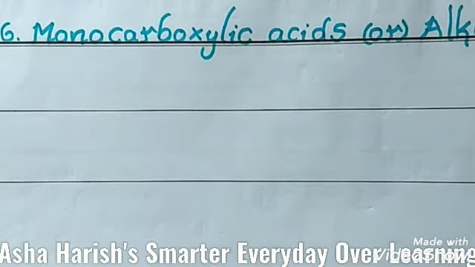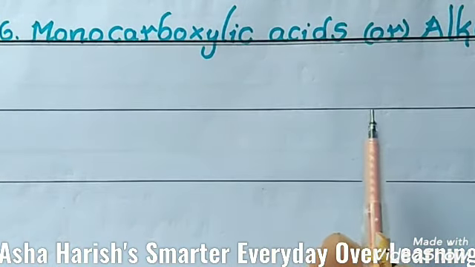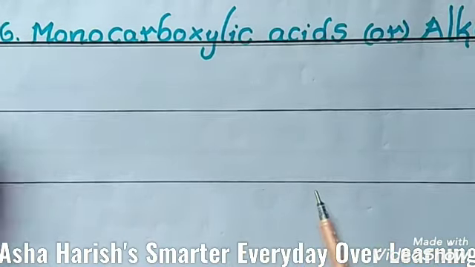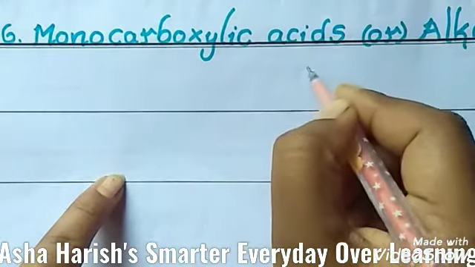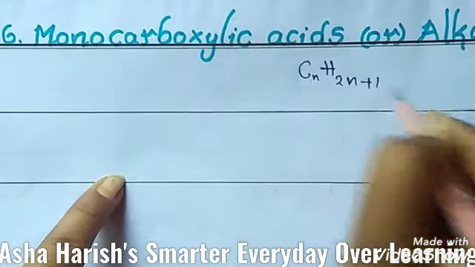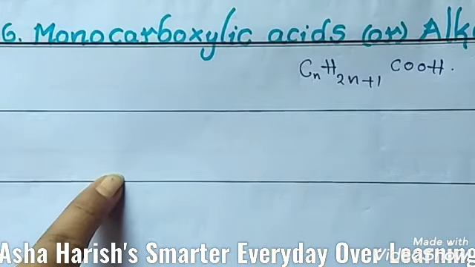Sixth one, monocarboxylic acids. Okay students, this is also called alkanoic acids, I told you previously. For this, the general formula I'm going to write here: CnH2n+1 COOH.